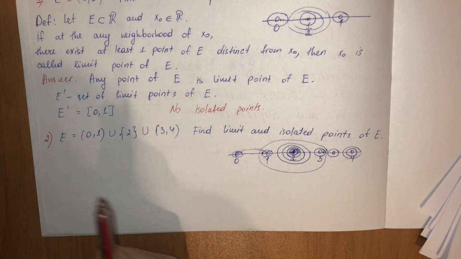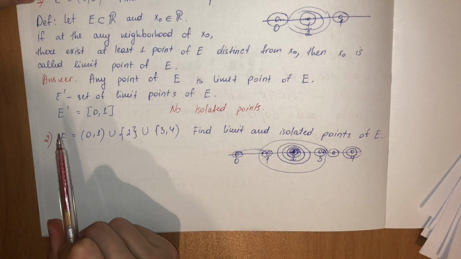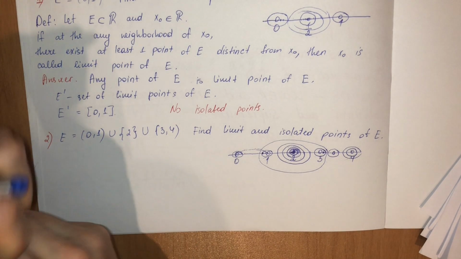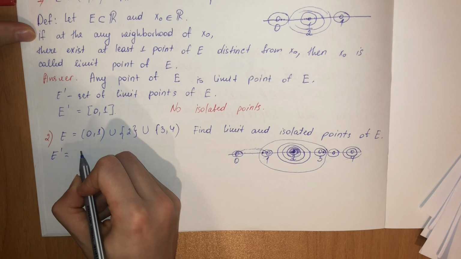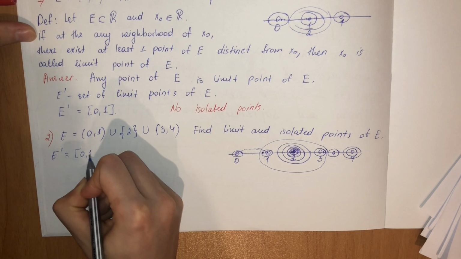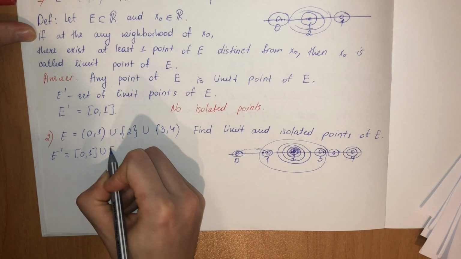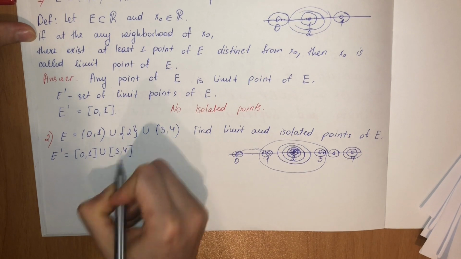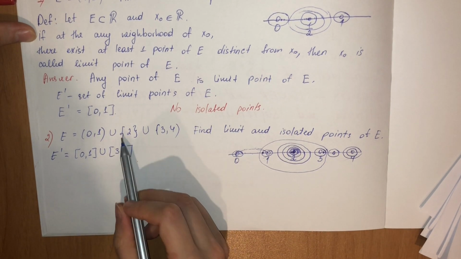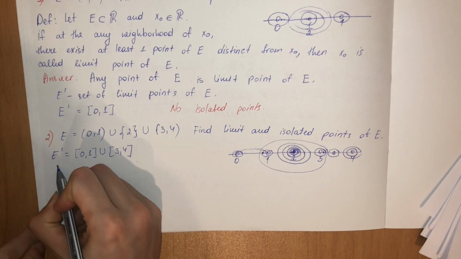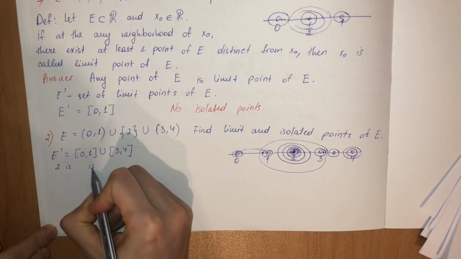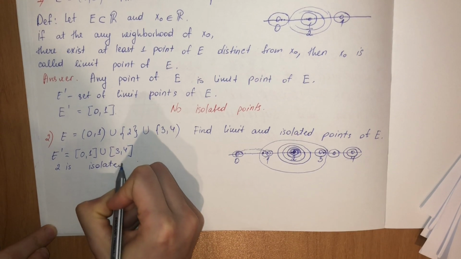If we denote the set of limit points by E prime, it is [0, 1] union [3, 4]. This is the set of limit points of E. What about isolated points? 2 is the isolated point.